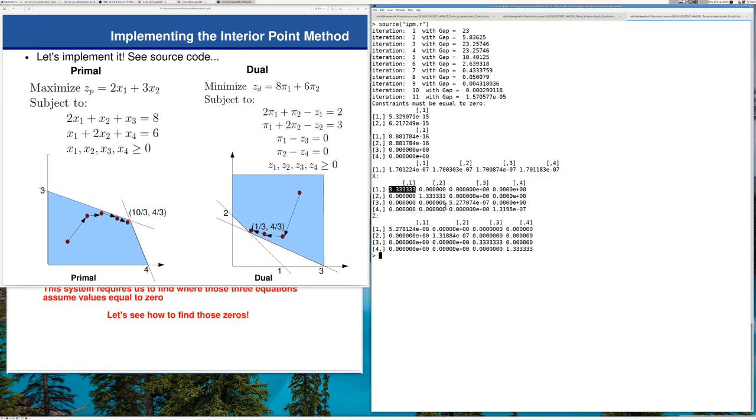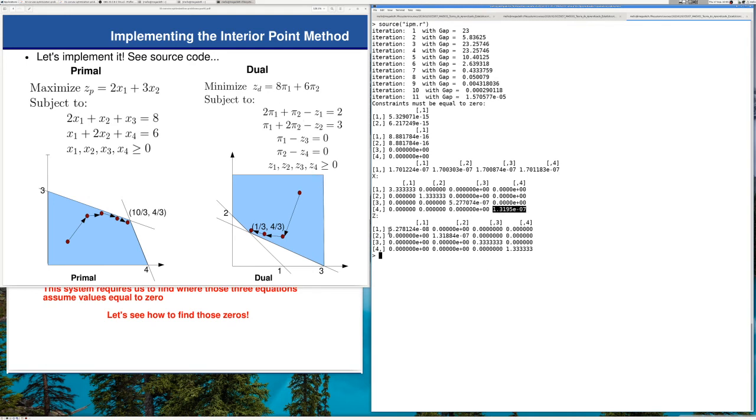Take a look: 3.333, that's 10 divided by 3. X2 is going to be 1.333, that's 4/3 as shown here. What is the value for X3 and X4? They are very close to 0, almost 0. Those are our slack variables. That's a numerical 0, of course.